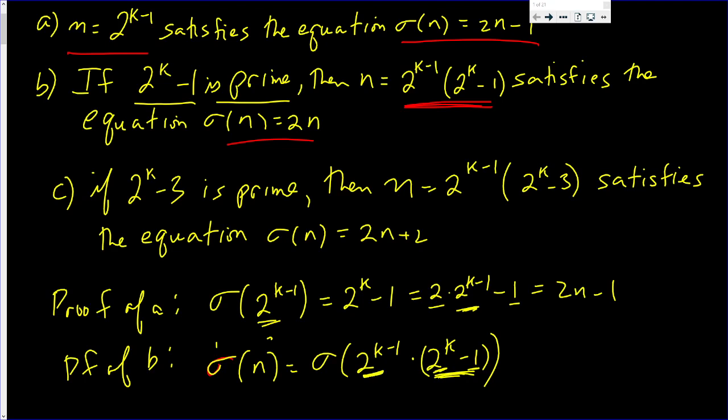And this is only powers of 2. This has no factors of 2 in common. That is, their GCD is 1. And if their GCD is 1, we're allowed to separate them.